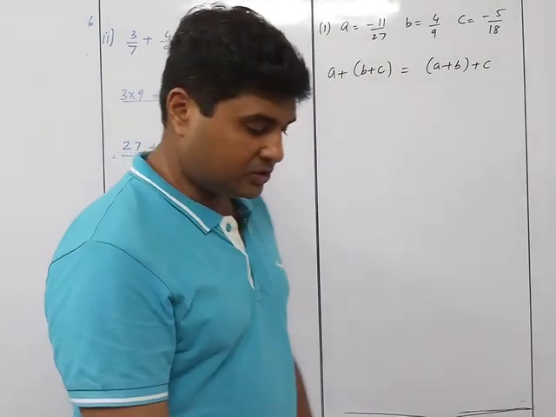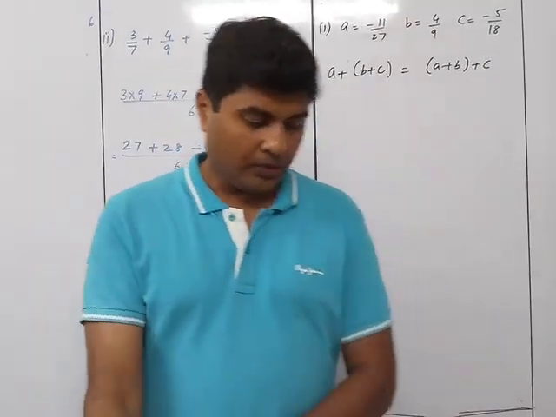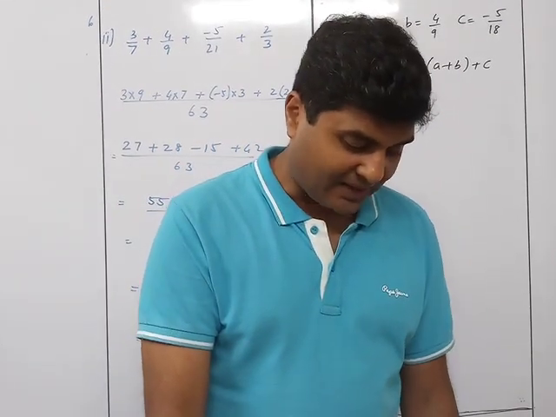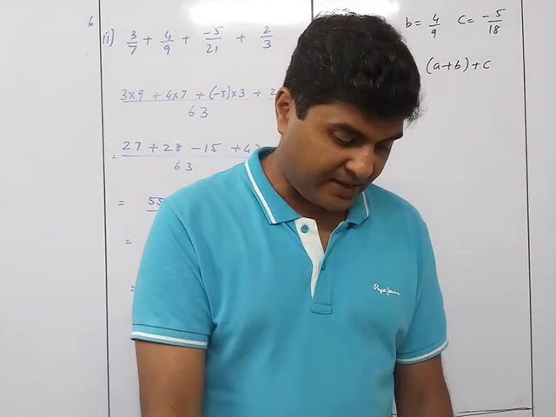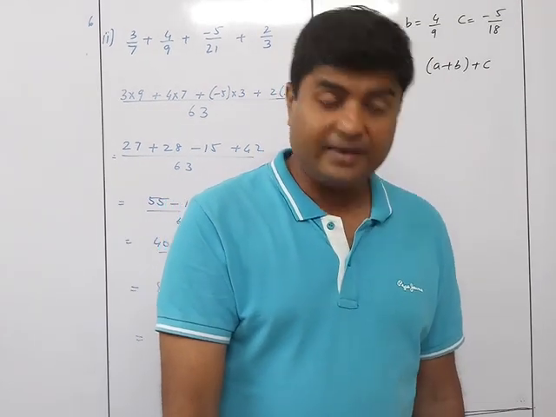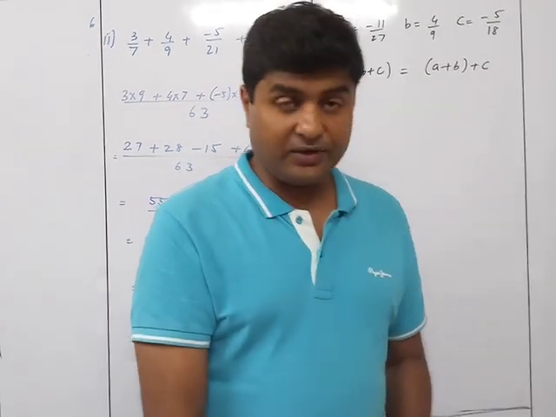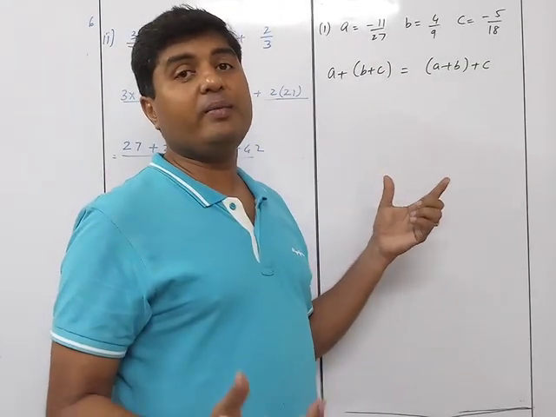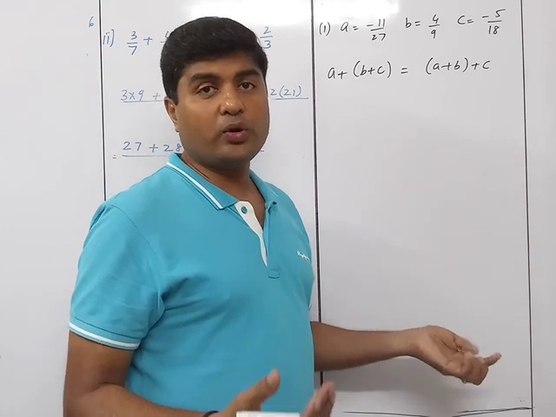This is called the associative property. When the brackets are just changed from one place to another, it is the associative property. Whether I put the brackets here or there, we are going to check if the answer is the same or not.